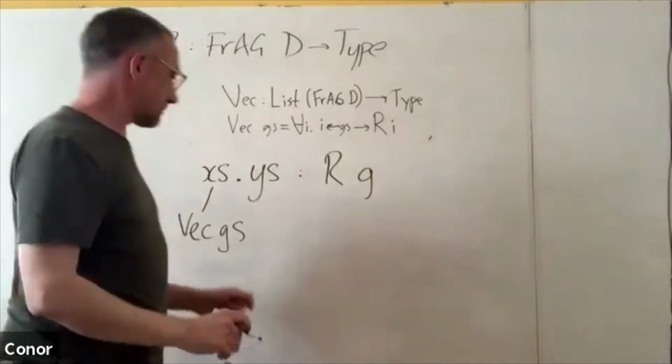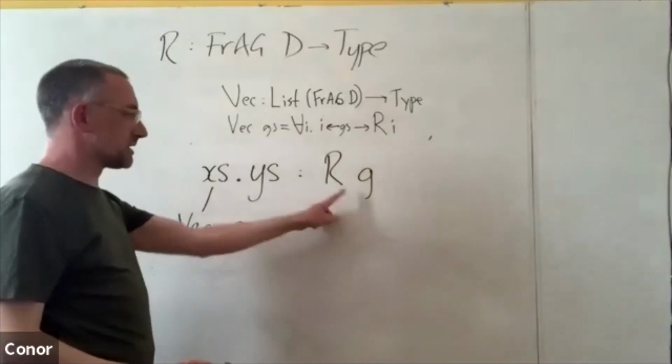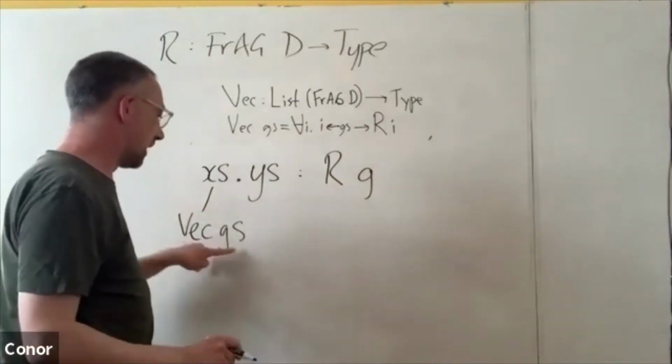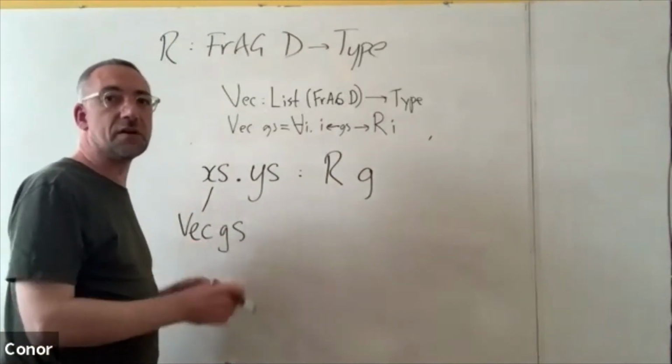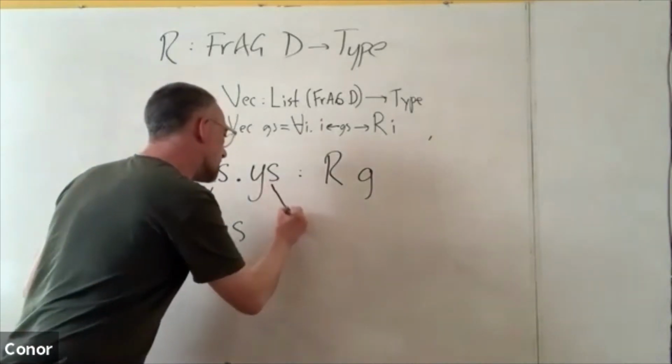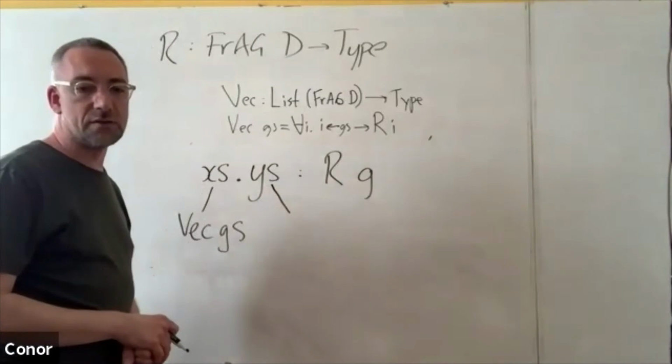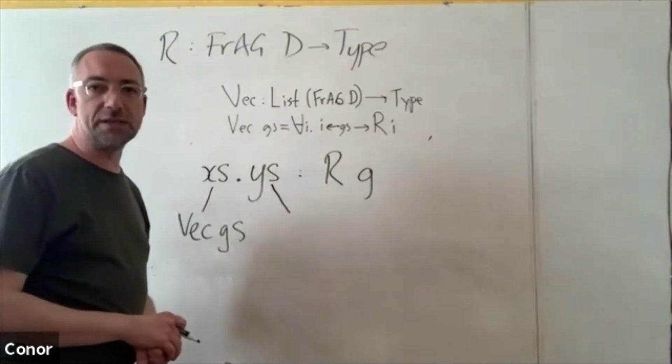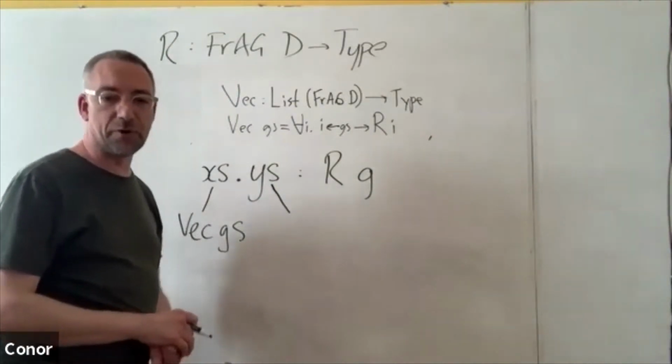So if the inner product is supposed to have dimension g, and my first vector has a bunch of possibly different dimensions g's, can we figure out what dimensions we need to put in to make this inner product make sense?